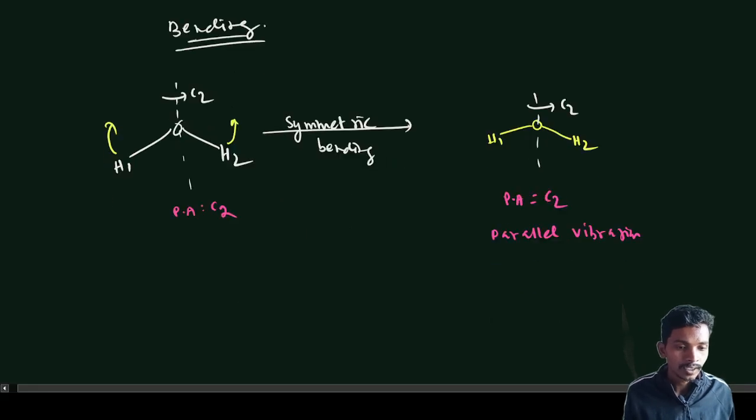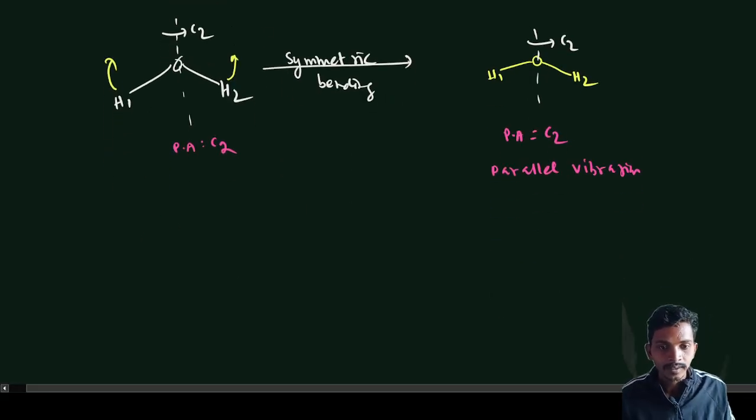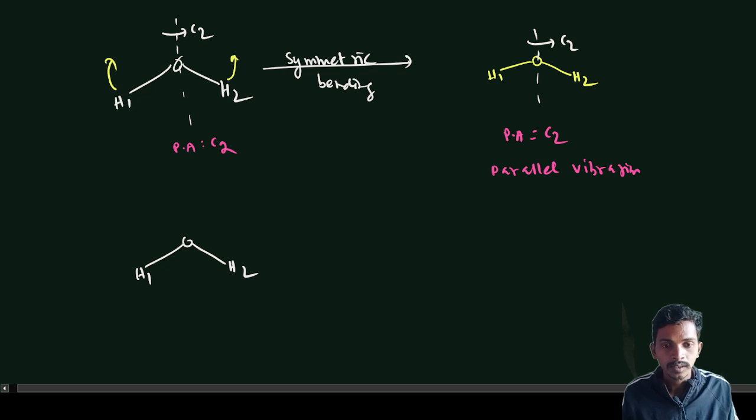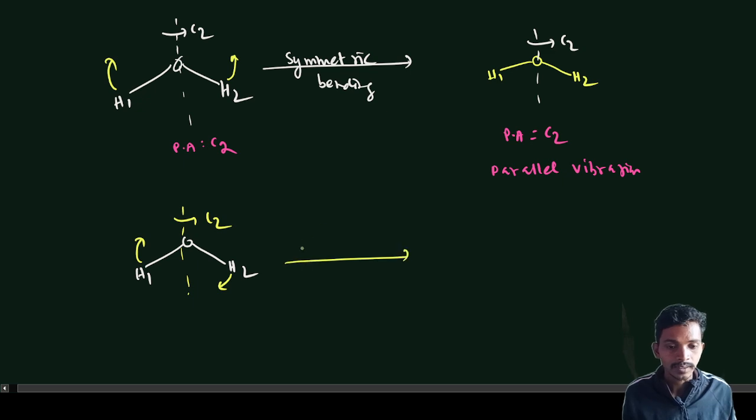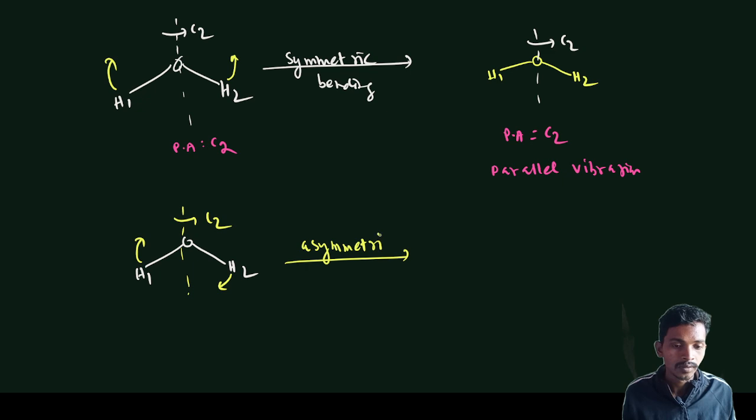Again, if I do asymmetric bending, let's say H1 and this is H2. Now I will do asymmetric bending. If I bend in this direction and the other in this direction, here the principal axis is C2. Asymmetric bending, I am stretching and bending in this direction.